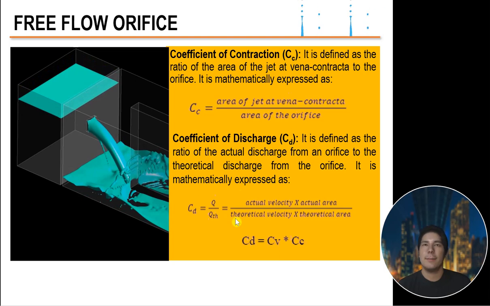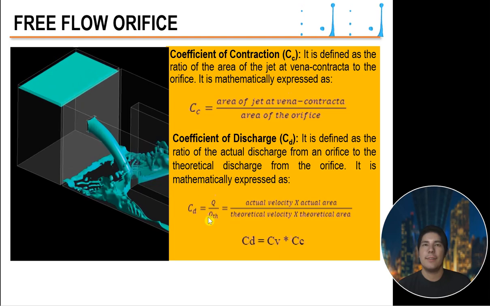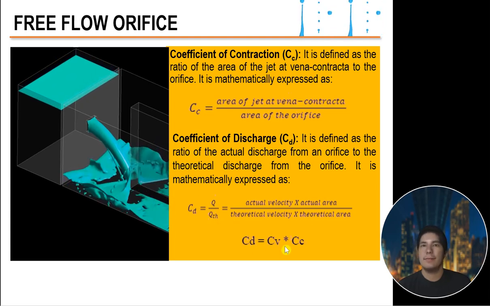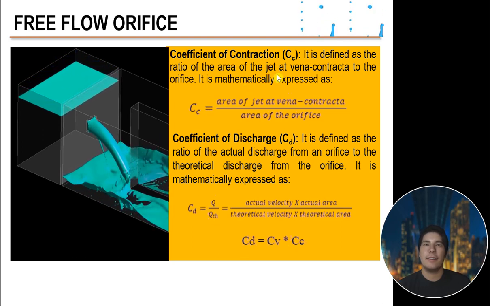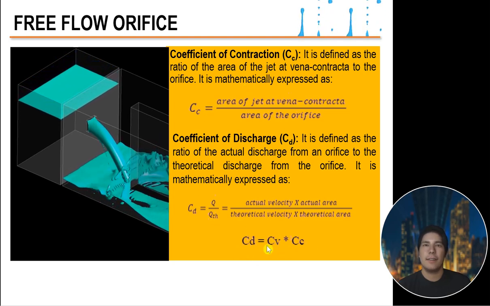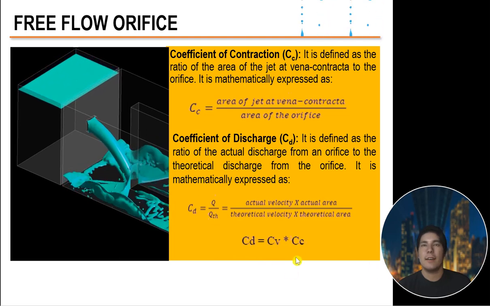It is mathematically expressed as CD, that is Q actual divided by Q theoretical. Okay? So the relationship of the coefficient of velocity, contraction, and discharge is shown here. CD is just the product of CV and CC.